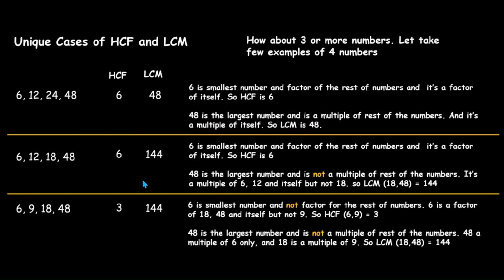And please try with different combinations of numbers and actually do the prime factorization and see whether these points that we discussed for 2 numbers and these examples where we have taken 4 numbers, for these indeed we are getting the results using the points that we have discussed.